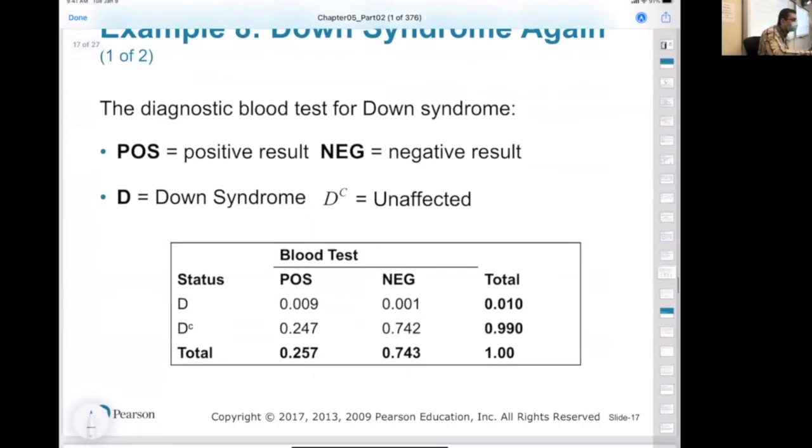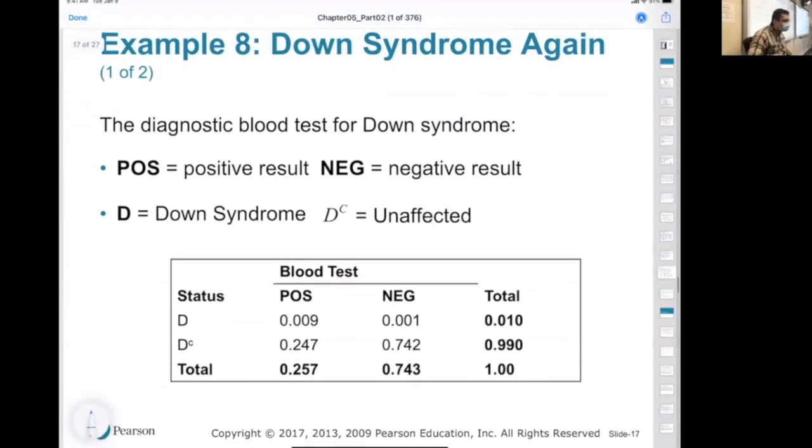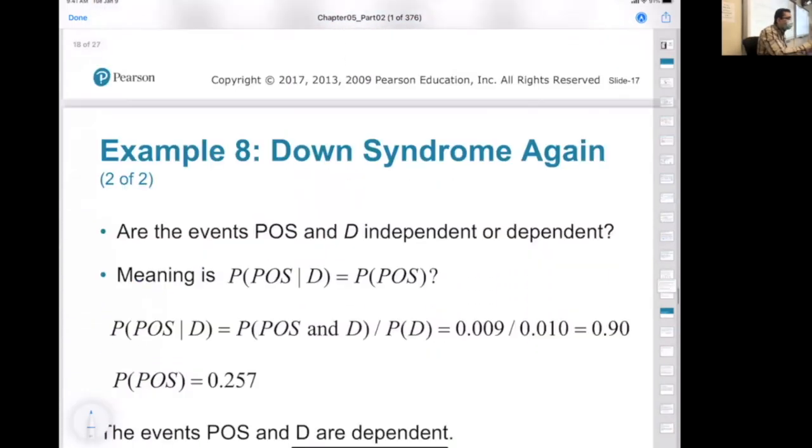For example, here, if you remember, this is our same example about the Down syndrome test again. We have the probabilities here, and we want to check: are the events positive, which is the positive test result, and D, which means the disease status is present, independent or dependent?